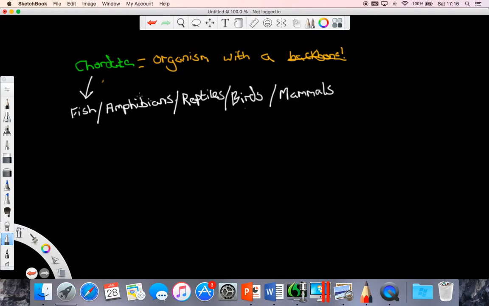We have a backbone, therefore we are in the phylum Chordata, and we also belong to the group mammals. But we can't just say Chordata is enough to separate them, because obviously we're very different from a fish. We're very different from a pigeon. So we need other ways in which we can classify organisms.